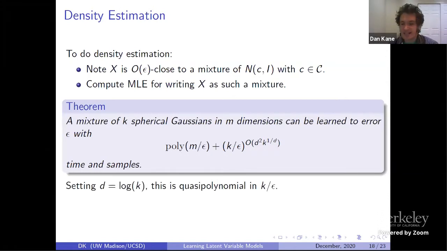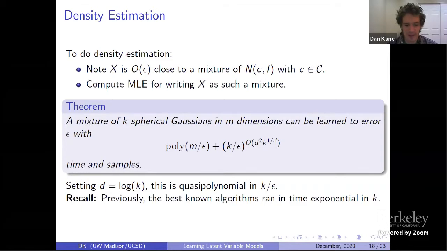And setting d equal to log k, this gives us quasi-polynomial in k over epsilon. And recall, though, that previously the best known algorithms for this problem ran in time exponential in k. So we haven't quite gotten things down to polynomial, but we have made an exponential improvement over what were previously the best algorithms for this problem.